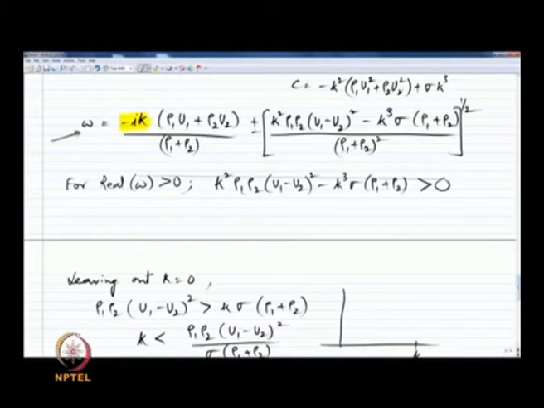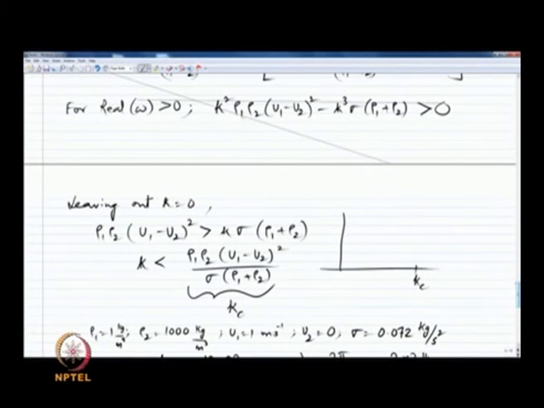So, omega is minus I k times rho 1 u 1 plus rho 2 u 2 divided by rho 1 plus rho 2, plus or minus a term under a radical. Now, we went through and discussed the issues associated with k cutoff, that is a value for a wave number above which both the omegas have real parts that are negative.